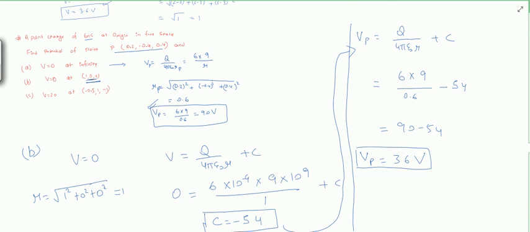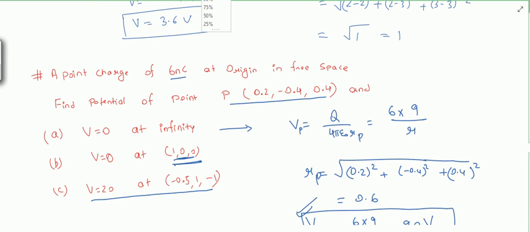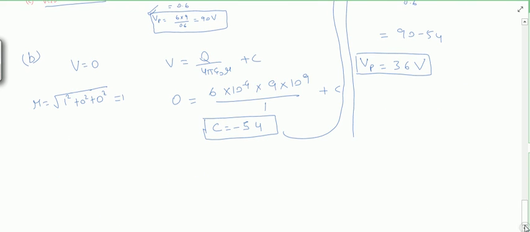Now if the reference is shifted again, and reference is shifted to V equals to 20 at this point, minus 0.5, 1, minus 1. So for this, I have to find again the value of C. So let us do the C part.